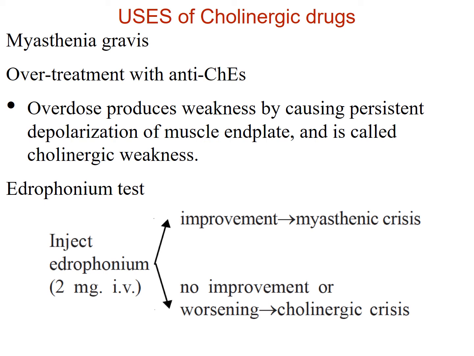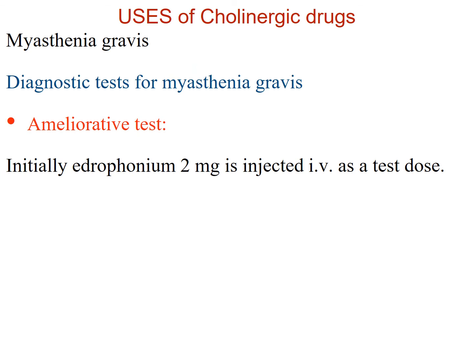The cholinergic weakness is because of persistent depolarization. Another use of edrophonium is in the ameliorative test, where edrophonium is given intravenously, 2 milligrams as a test dose.